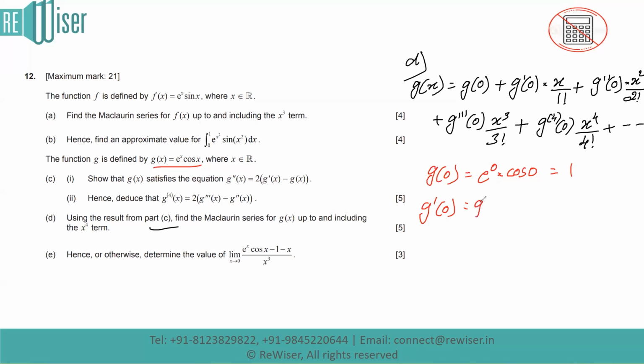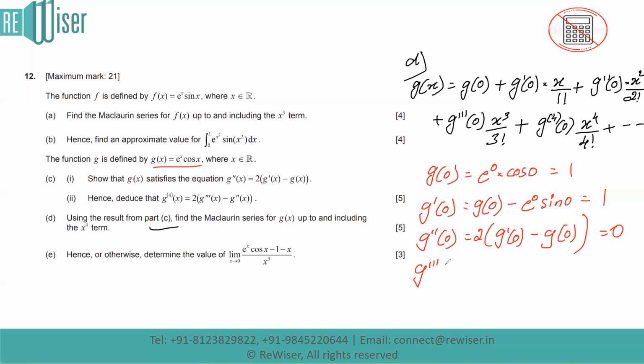So it's going to be g of 0 minus e power 0 into sine 0, and sine 0 is 0, so g dash of 0 is going to be 1. Now we know g double dash of 0 is going to be 2 times g dash of 0 minus g of 0. Both g dash of 0 and g of 0 are 1, so this will become 0.